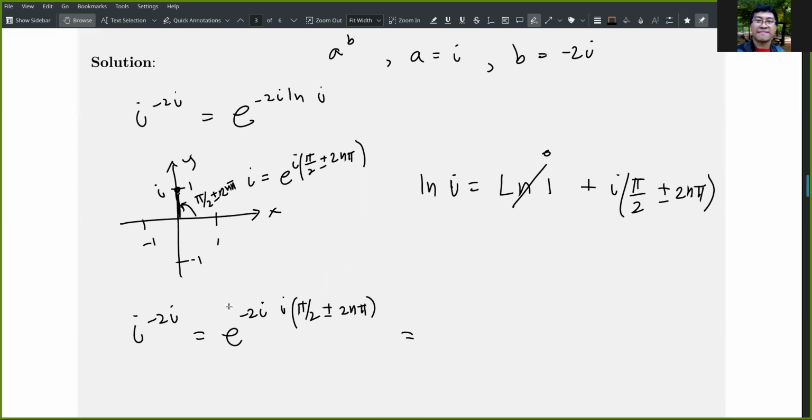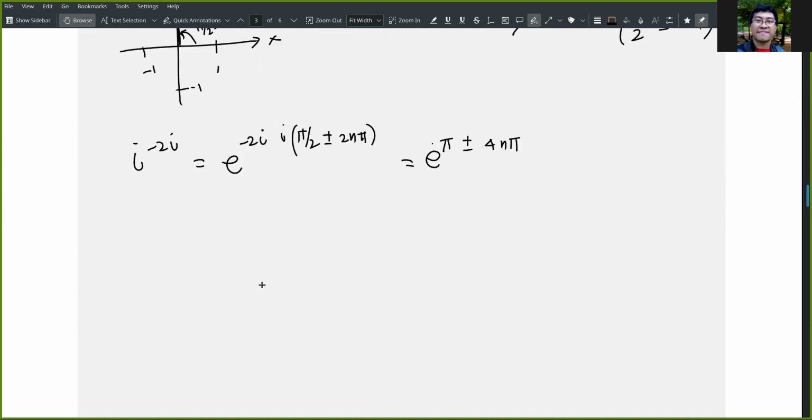So that's 2. i times i is minus 1, so times minus here is just 2. We can distribute that here, pi over 2 and 2n pi. So you have e to the power of pi plus and minus 4n pi. Or simply you can write i to the power of minus 2i. By the way, I normally write i like this, but you can write it in any way you like.